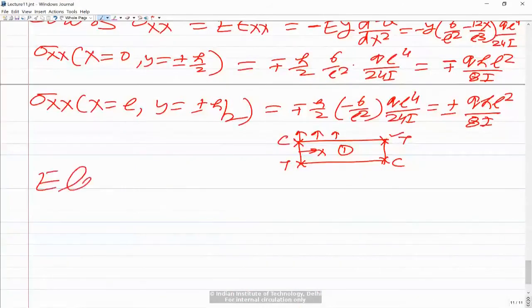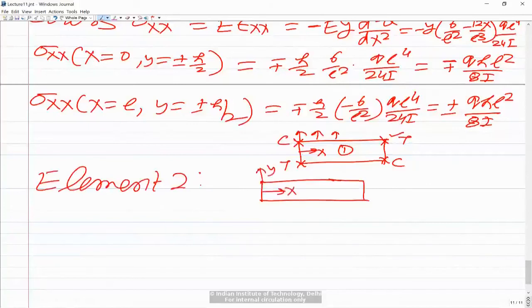Now let's go to element 2. So when you go to element number 2, this is the element, the local coordinate is this x, and this is the y axis, and this is the local node number 1, global node 2, local node number 2, global node number 3.